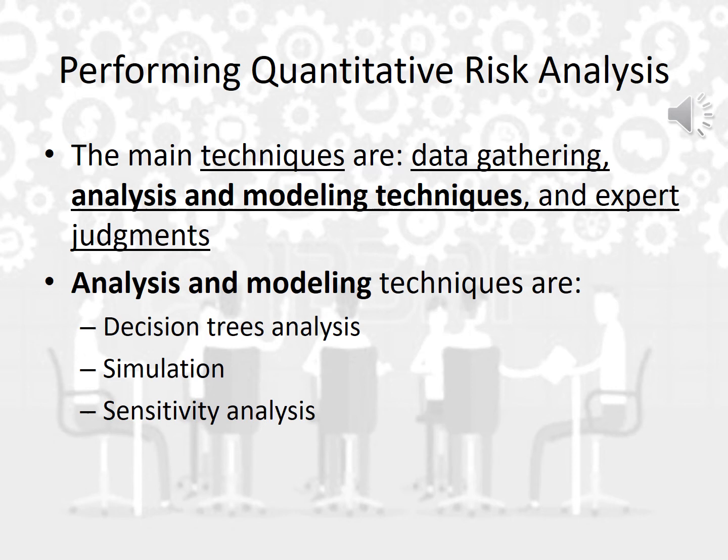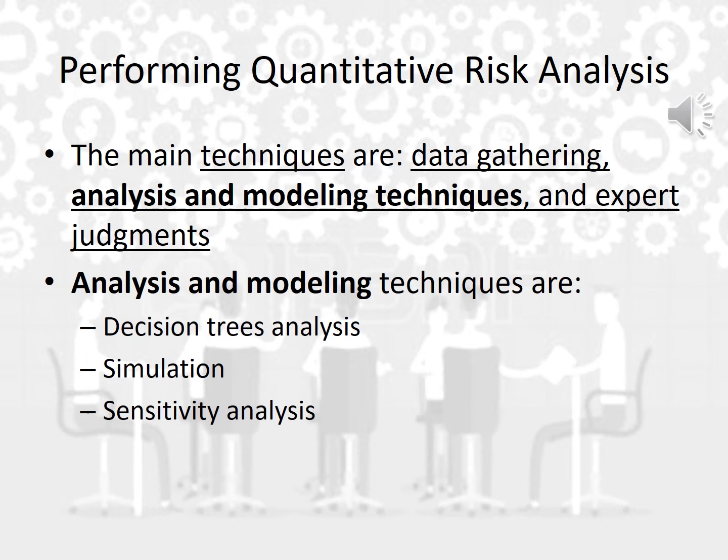Here we have 3 techniques. Number 1, data gathering. Number 2, analysis and modeling techniques. Number 3, expert judgment. We'll focus on the second technique, analysis and modeling, because it has further techniques, which are decision tree analysis, simulation, and sensitivity analysis.